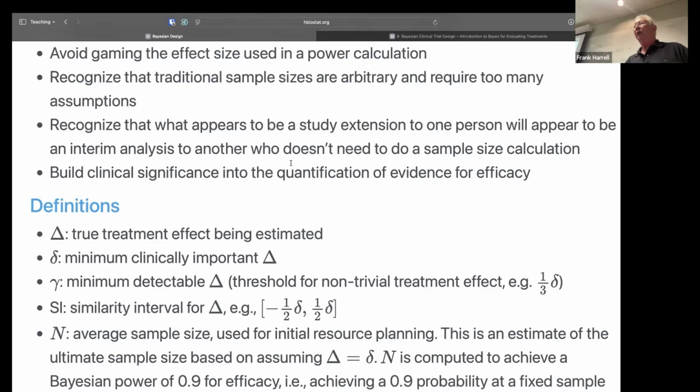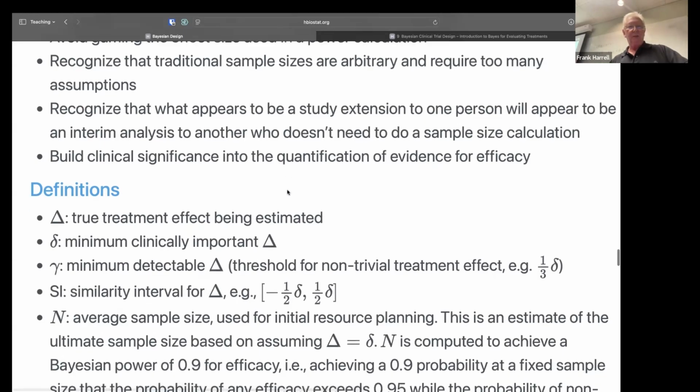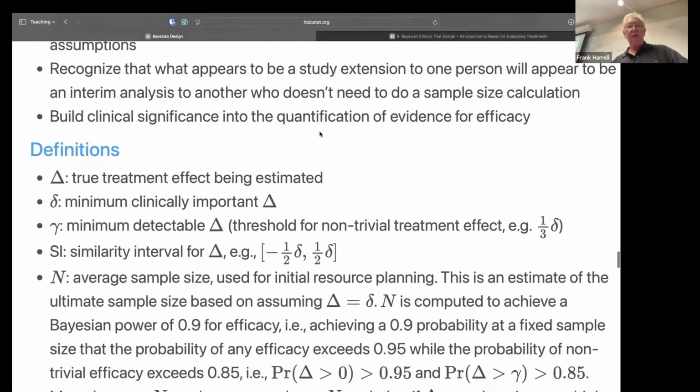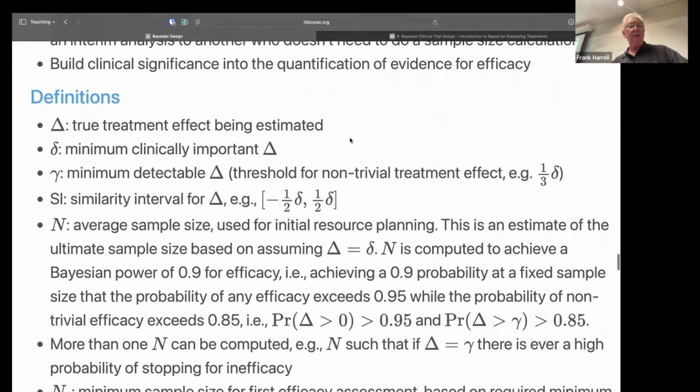In the Bayesian world, you don't have alpha to spend, so you don't actually need a sample size calculation. You're going to be a better scientist if you do not do a sample size calculation, but you're going to drive your budget people crazy. Build clinical significance into the quantification of evidence.